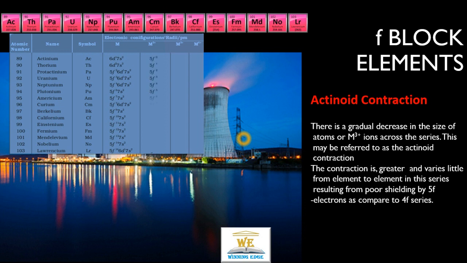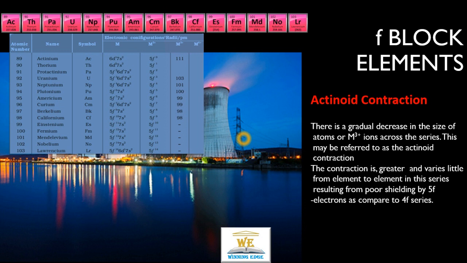In the trivalent state, what happens? It loses both s and d, so we are getting all the electrons left in the f orbital. Here we see atomic radii.